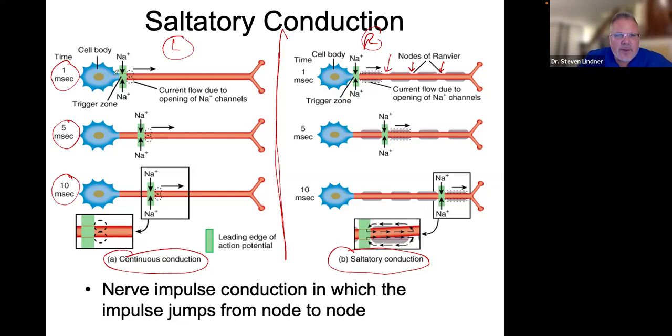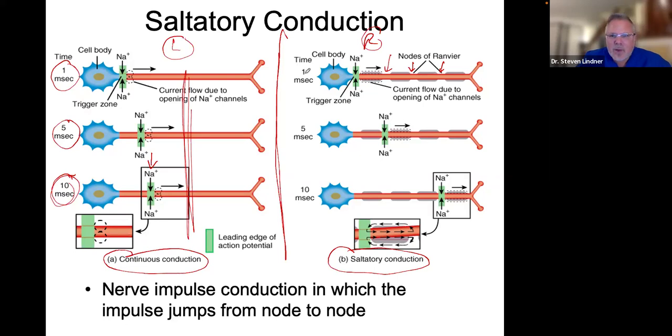If we look at 1 millisecond, we got sodium rushing in, you got more sodium rushing in at 5. Since this is unmyelinated, we have depolarization and sodium rushing in at different aspects of the cell membrane along the axon. So at 10 milliseconds, the distance is right here, right? The action potential hasn't even gone past the midpoint of the neuron.